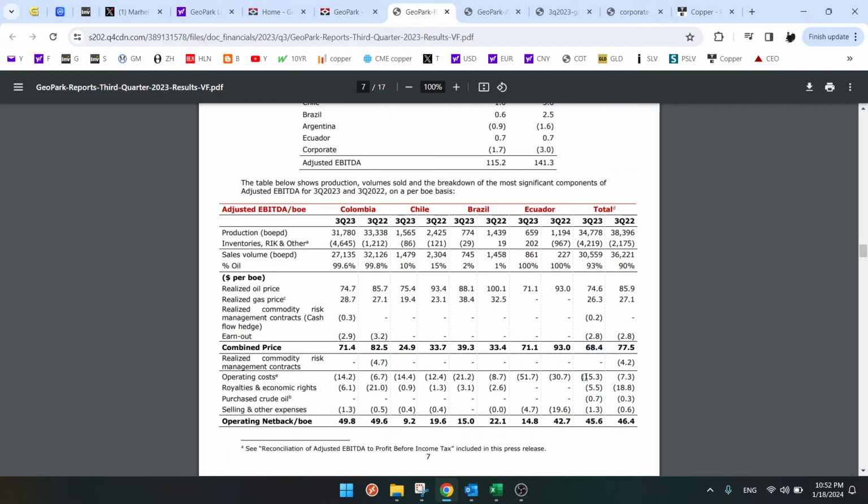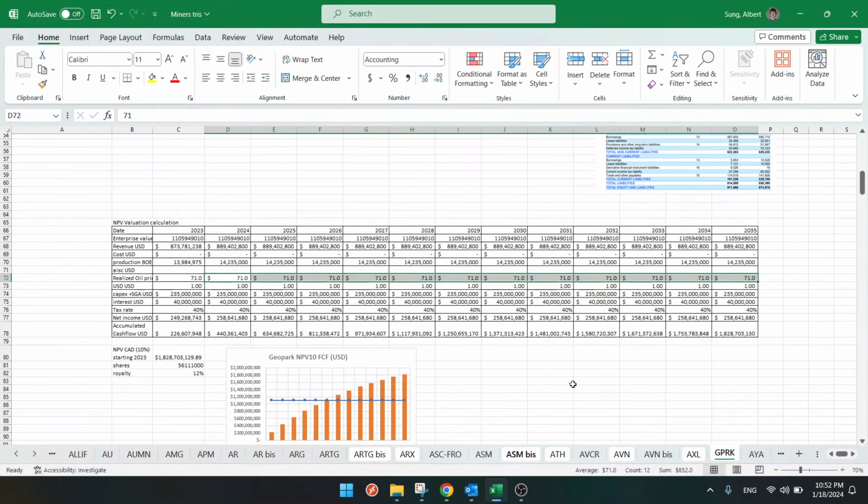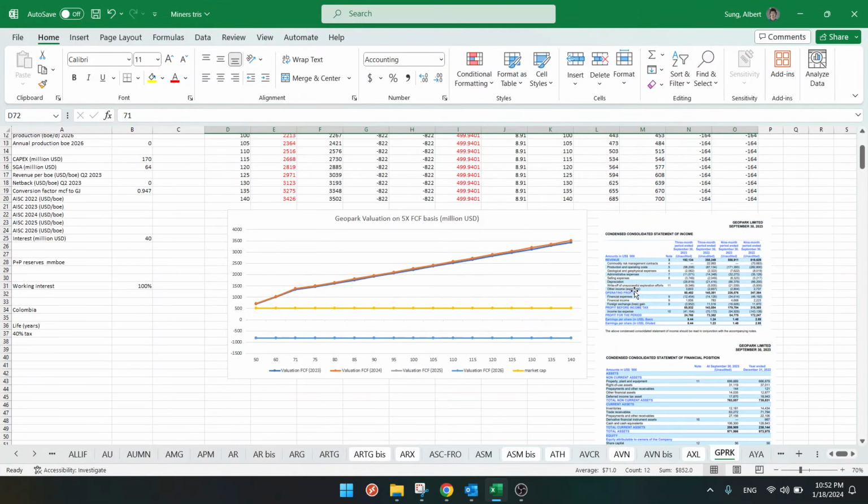So operating costs per barrel, 15.3, 50 purchased crude oil, selling and other. Maybe this is the selling and other.